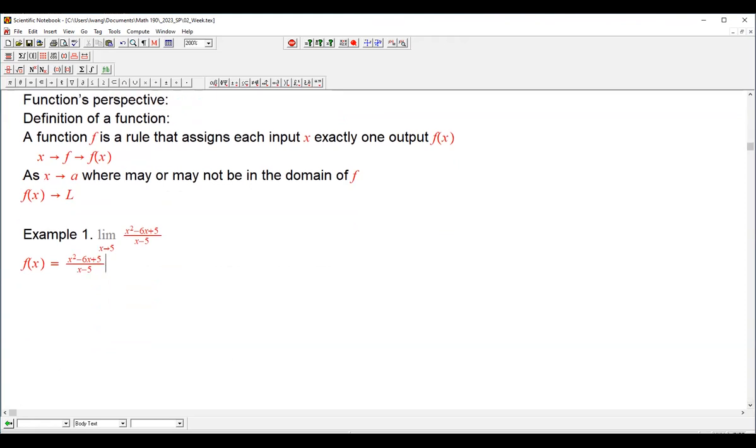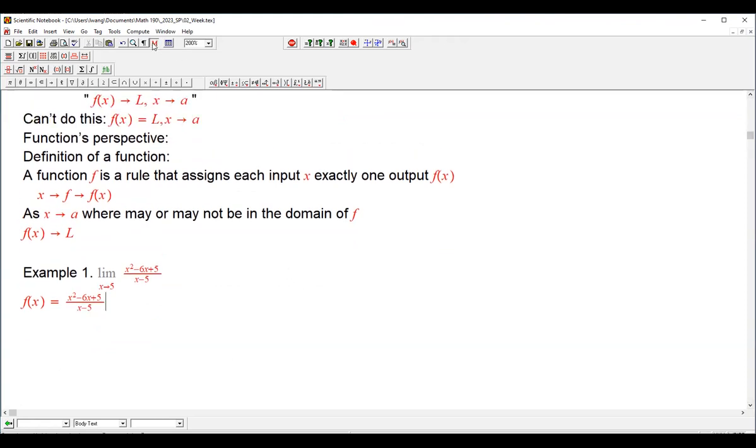In this case, if you look at the domain of this function, the domain of F is all real numbers but 5.